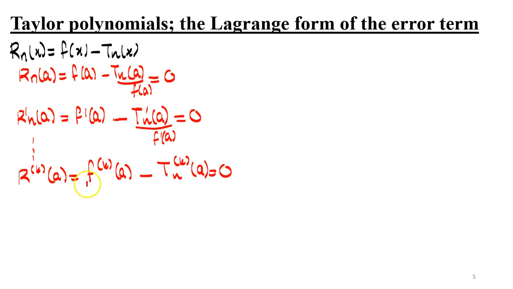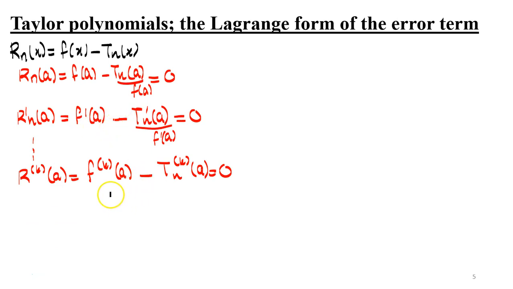So that difference is 0. So you'd notice that at x equals a, the derivative of Rn of x is equal to 0. We're going to keep this aside until we need it later in the proof.